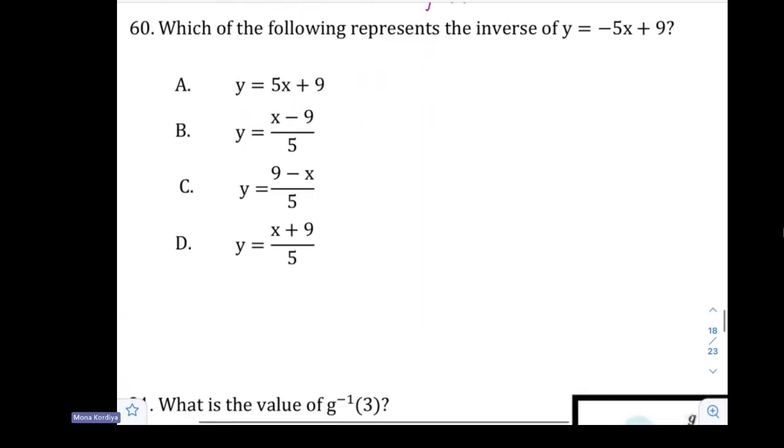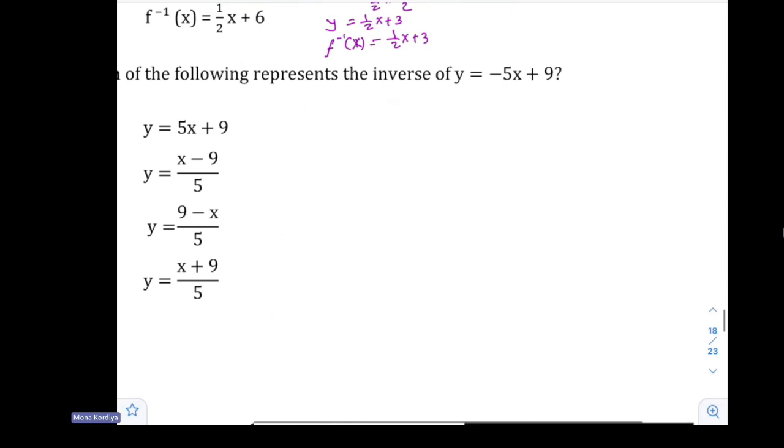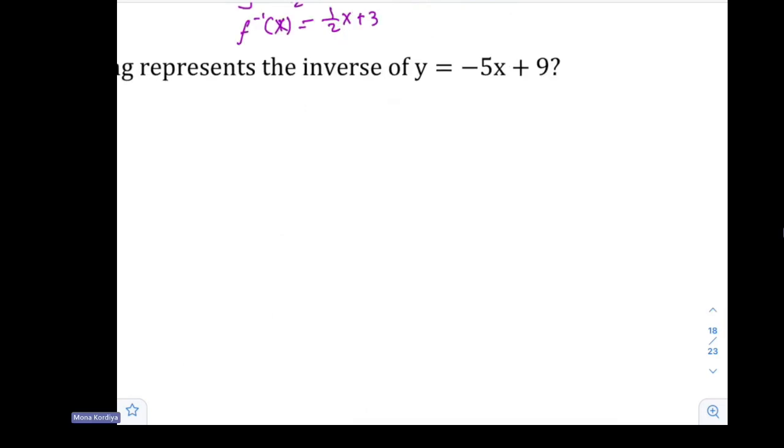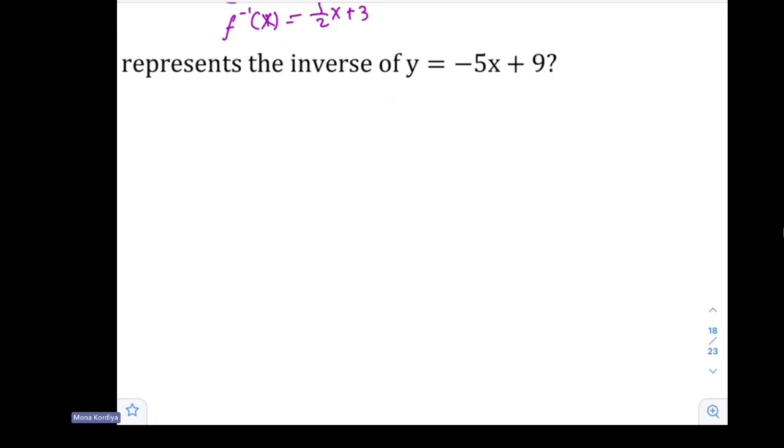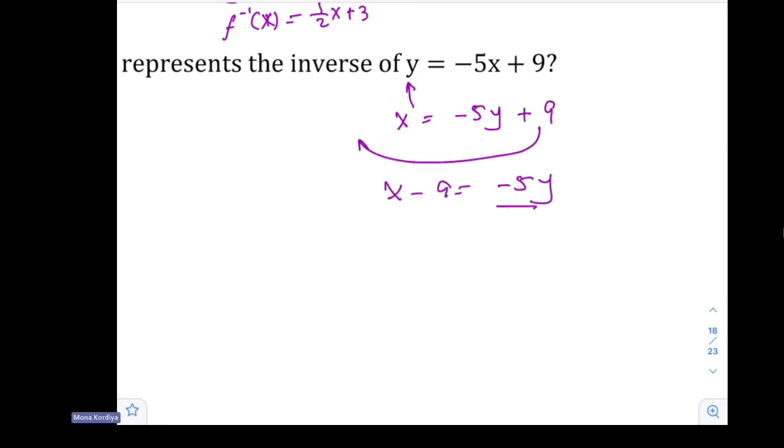Which of the following represents the inverse? Here we have y already, so we don't need to exchange f of x by y. Just replace x by y and y by x, meaning switch. Then solve for y. Then divide by -5. So y is x minus 9 over -5.